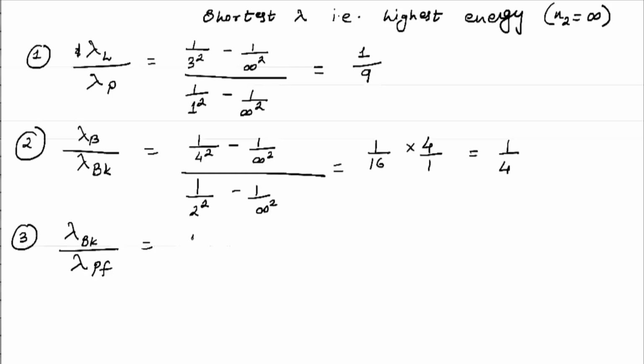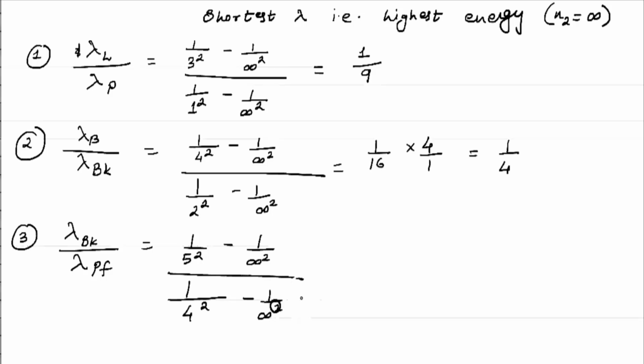So Brackett upon Pfund would be 1 upon 5 square minus 1 upon infinity square divided by 1 upon 4 square minus 1 upon infinity square. So that is going to make it 1 upon 25 into 16 upon 1, which is 16 upon 25.